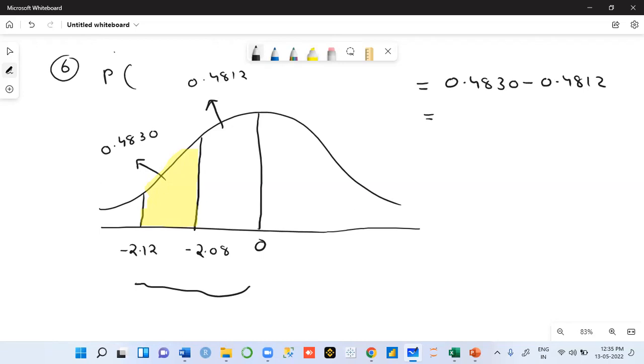Yes, this is what we have to do. Able to solve? Anisha, able to solve? Or should I explain?